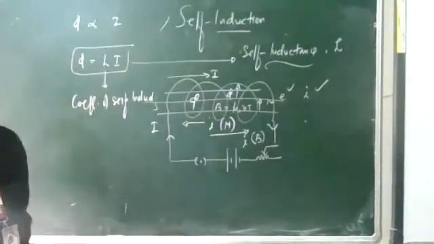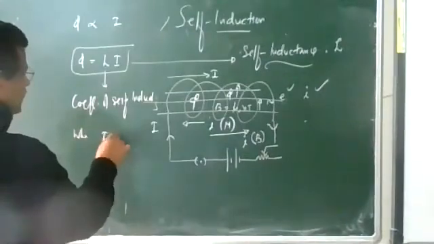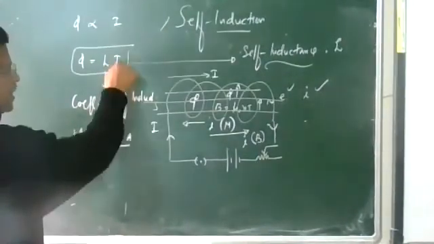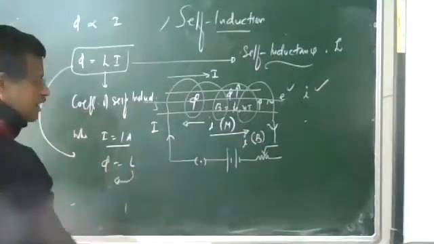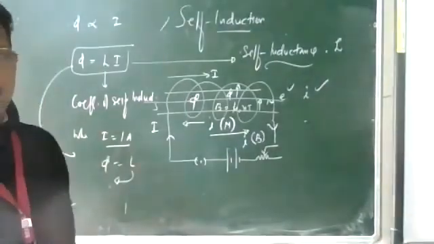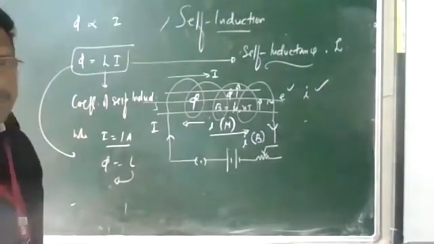How can you define this? When I is equal to 1 ampere, then phi is equal to L. L is numerically equal to the flux linked with the coil when 1 ampere current flows through the coil. This is the first definition.